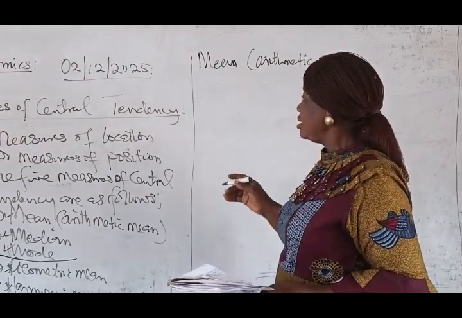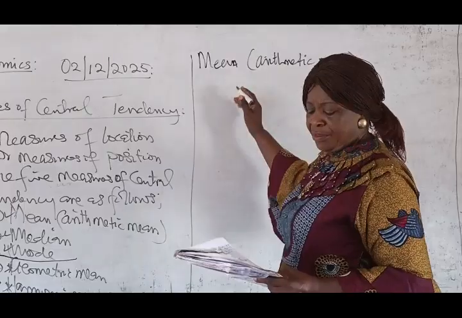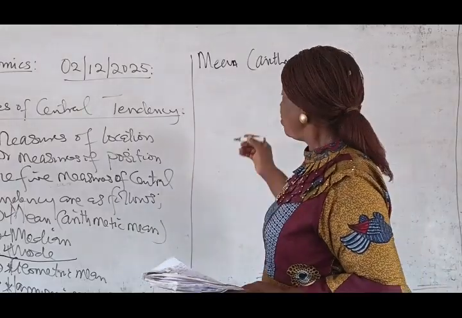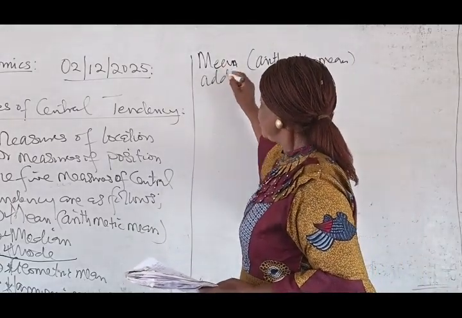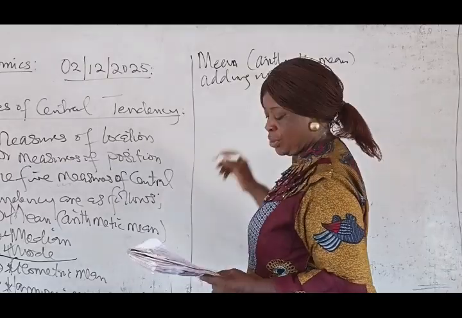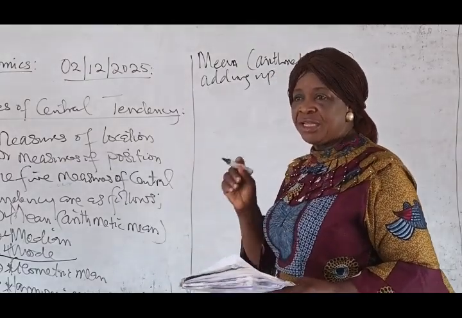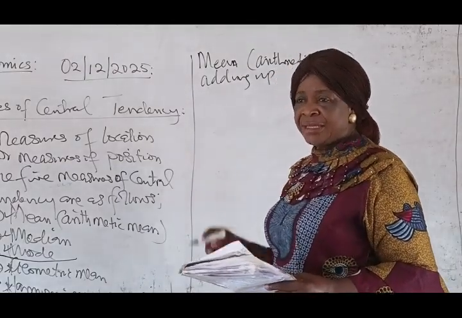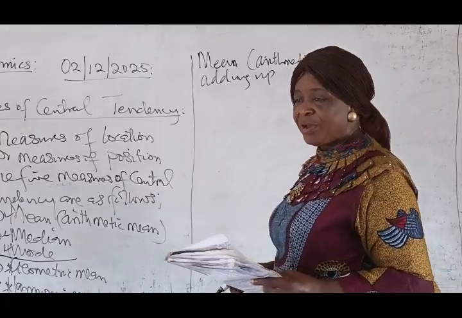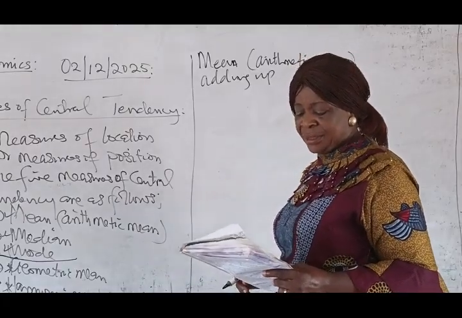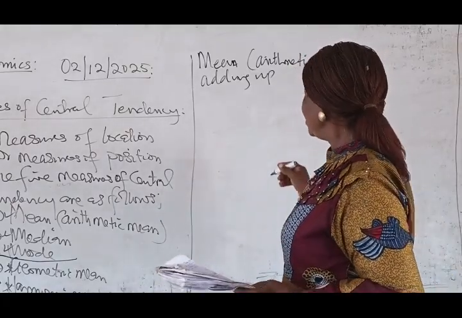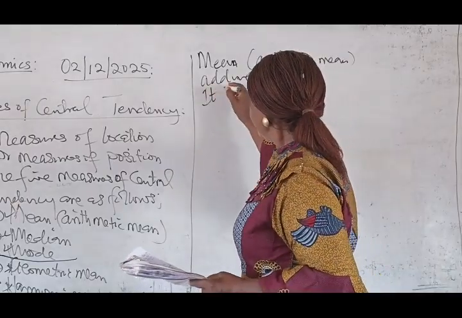How is it calculated? It is calculated by summing up, that's by adding up all the values in a distribution and then dividing by the number of what? Items.